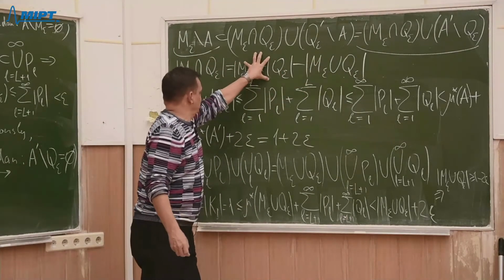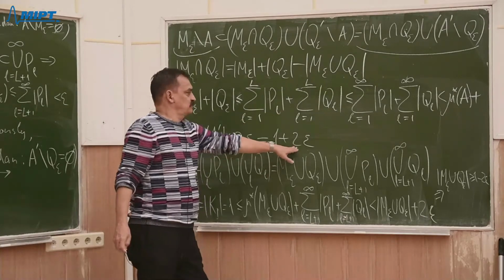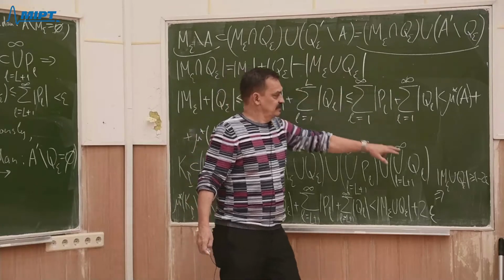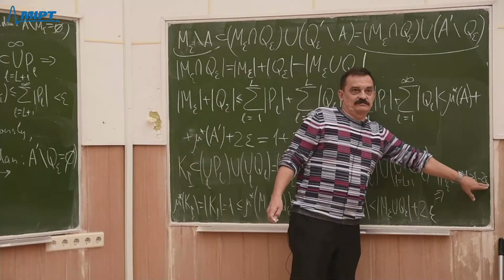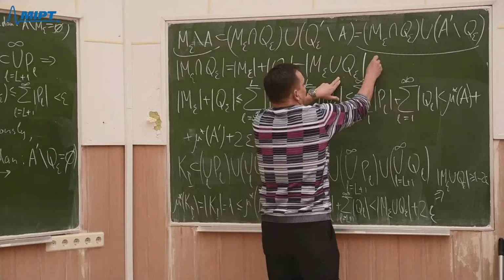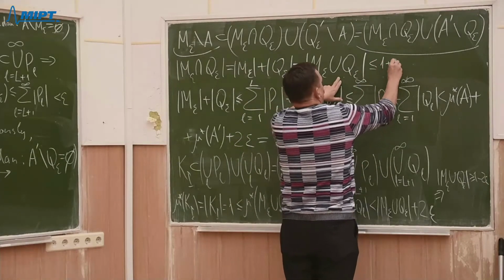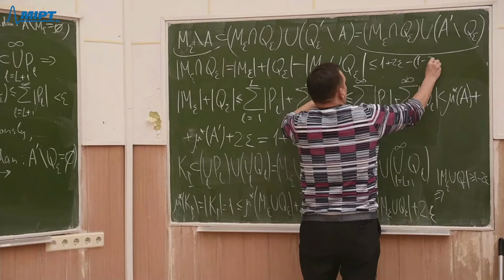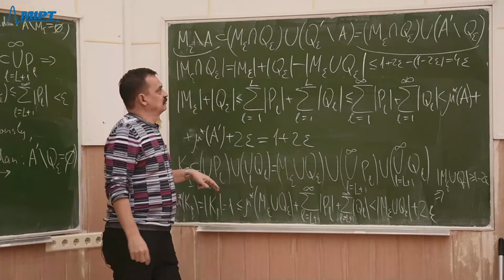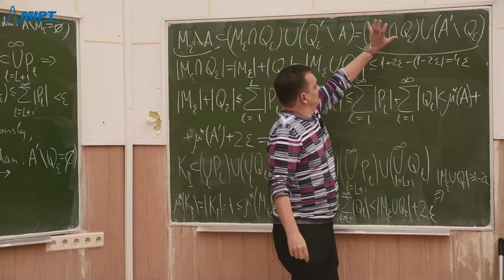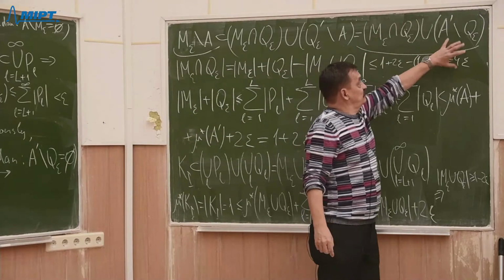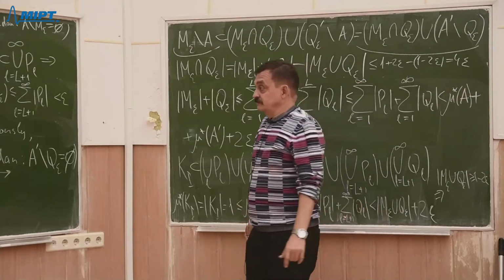The sum of the first two terms is less or equal than 1 plus 2 epsilon. That one is greater or equal than 1 minus 2 epsilon. So altogether, this is less or equal 1 plus 2 epsilon minus 1 minus 2 epsilon, which is 4 epsilon, plus that one less than epsilon.